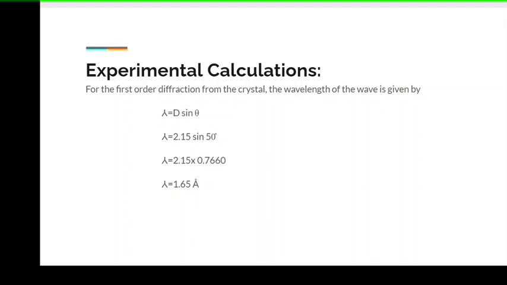So from the experimental and theoretical values, we conclude that lambda is around 1.65 or 1.67. From this we can say the experimental value of the wavelength is nearly equal to the theoretical value. So this is the Davisson Germer experiment, and I stop here. Thank you.